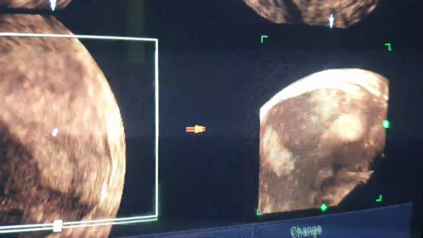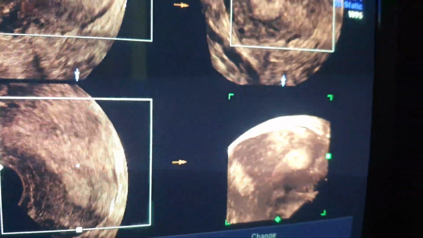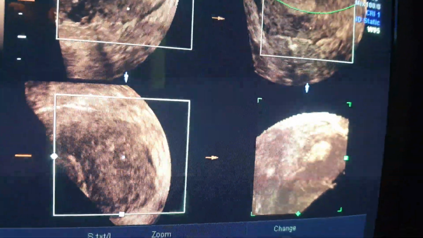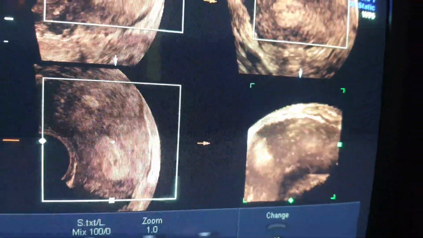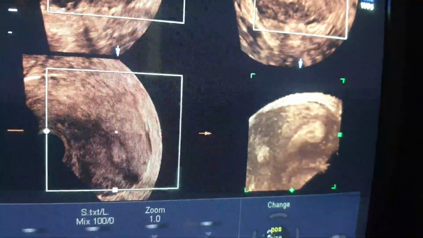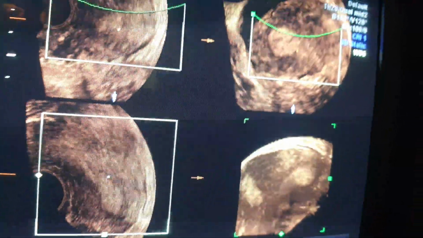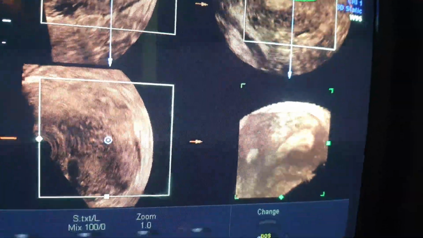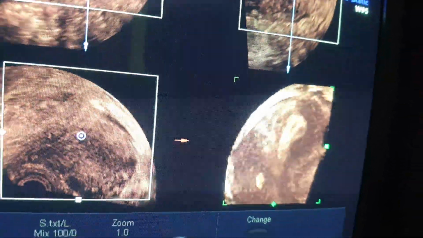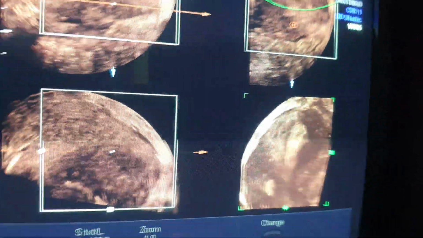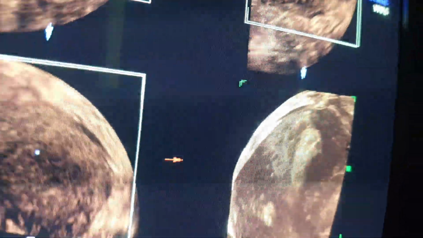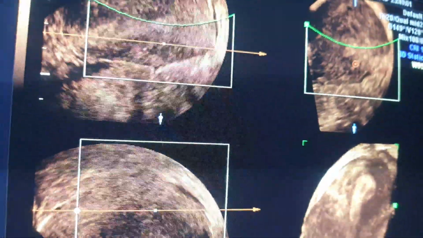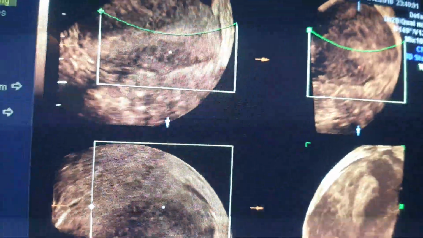That means that it's not only a unicornuate uterus. Notice that the analysis and the proper use of this technology is very important, because if you miss this diagnosis, you may think that this is just a unicornuate uterus.